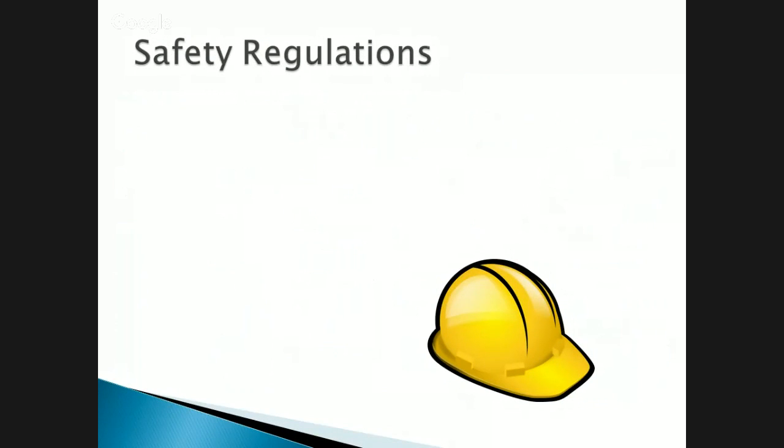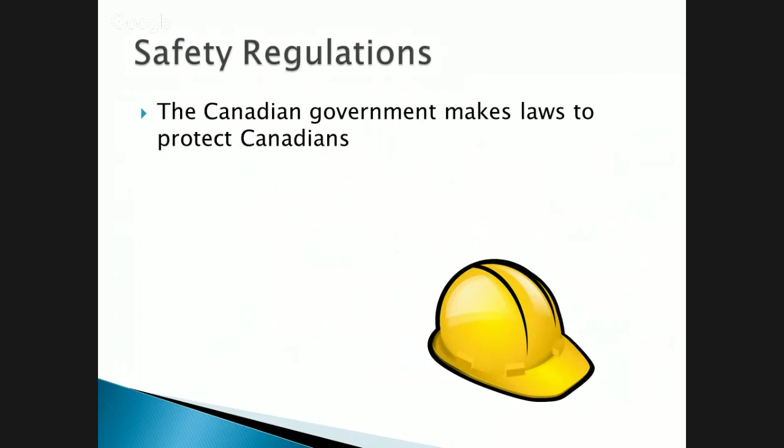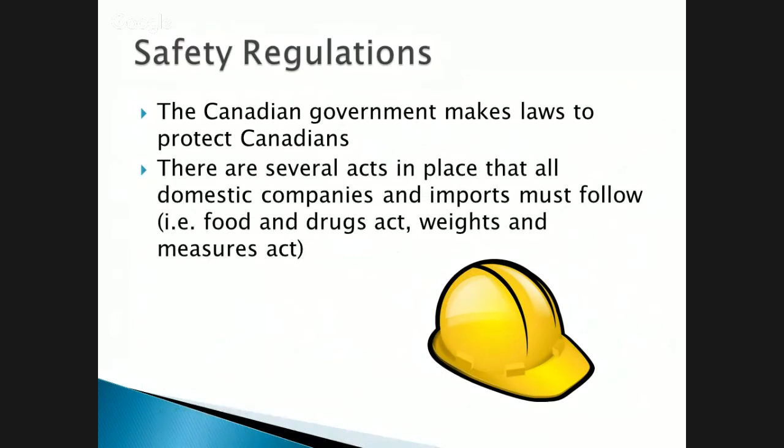Okay, so some safety regulations. The Canadian government makes laws to protect Canadians, as you know. So there's several acts in place that all domestic companies and imports must follow. The Food and Drugs Act, Weights and Measures Act. There's a number of them. They're all in your textbook, or there's a lot of them in your textbook. There's a Meat Inspection Act, Consumer Packaging and Labeling, Fish Inspection, Hazardous Products.